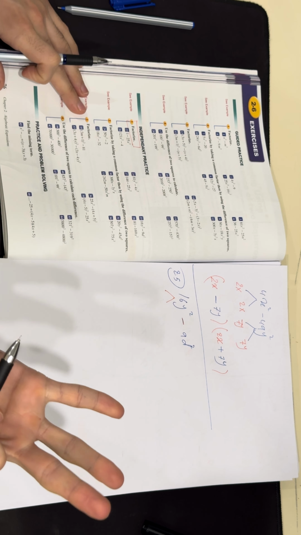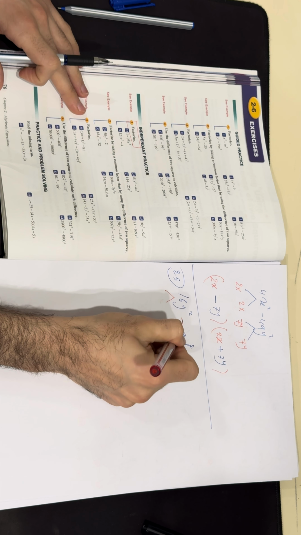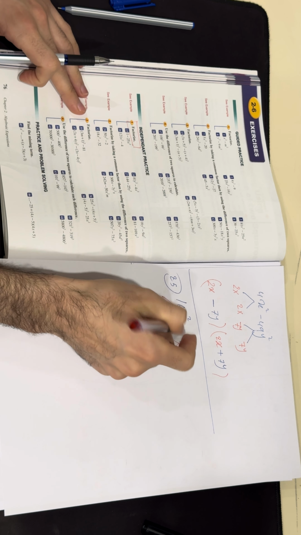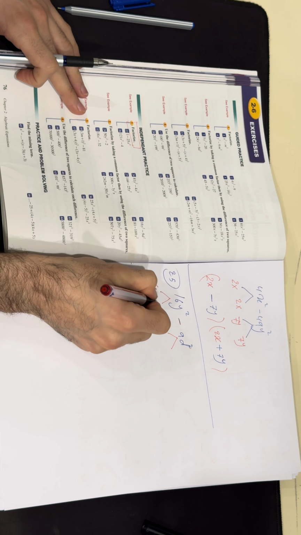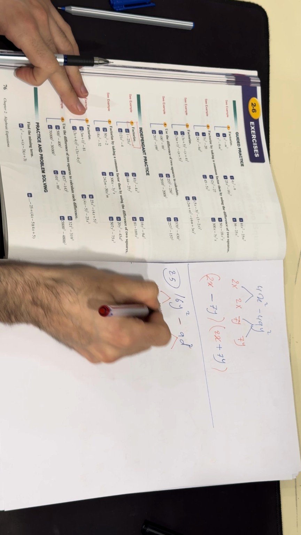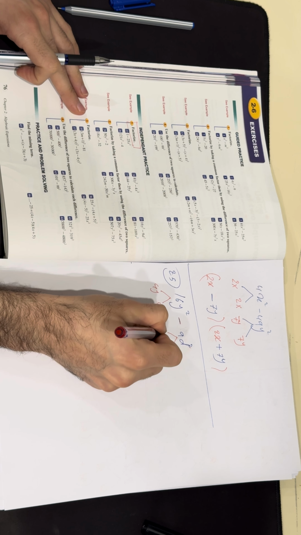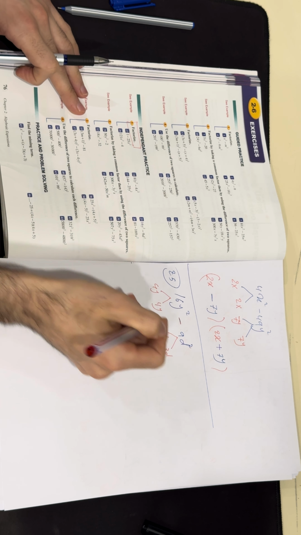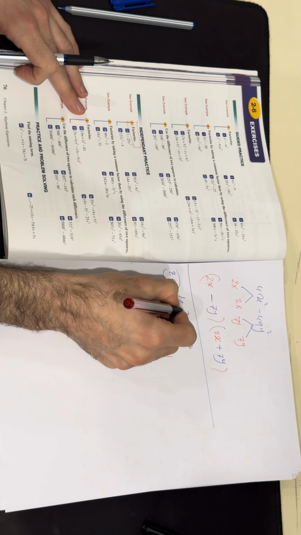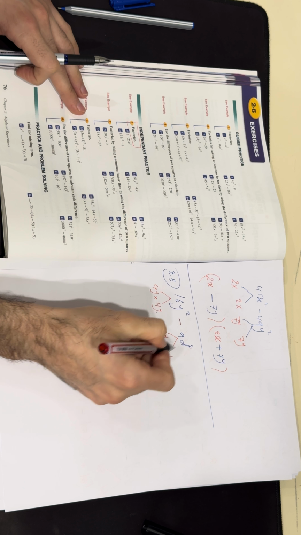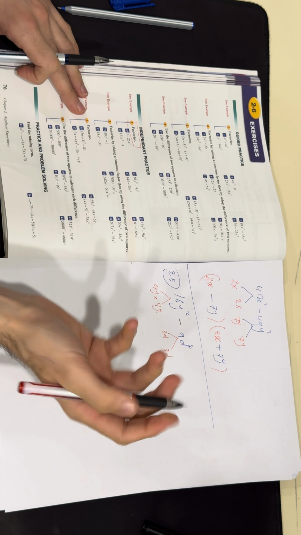We already studied 3 types of factorize, so you must be careful which one you're going to use. This one, because we have minus, both of them are power 2, and the numbers are perfect. So 4y, 3d. Now if I multiply 4 times 4, 16, y times y power 2, so it's correct. 3 times 3, 9, d times d power 2, so it's correct.